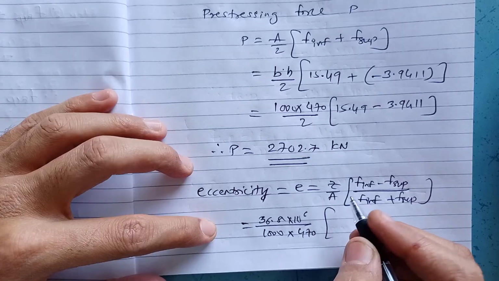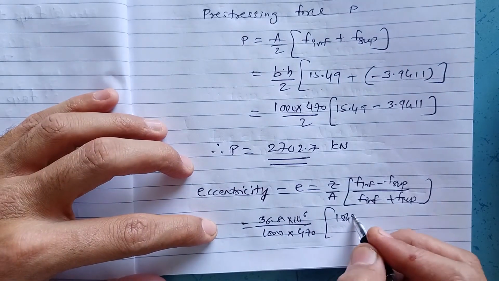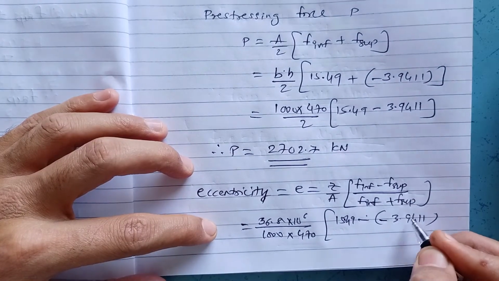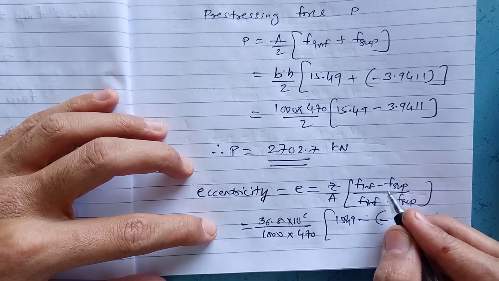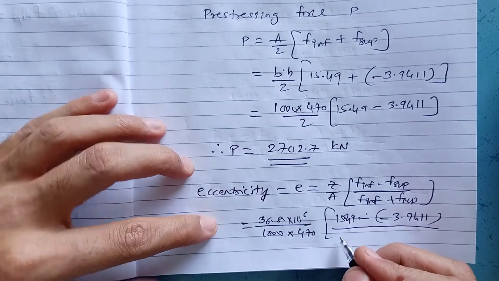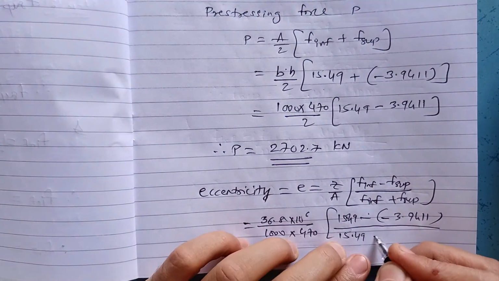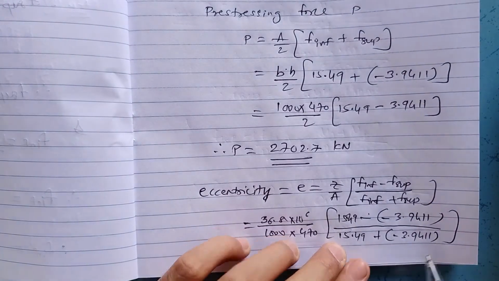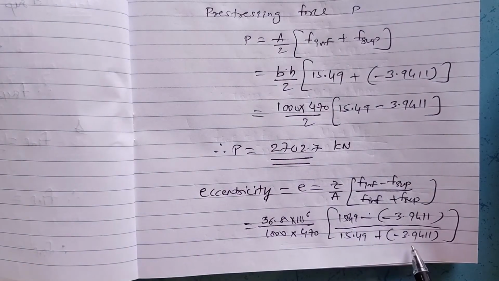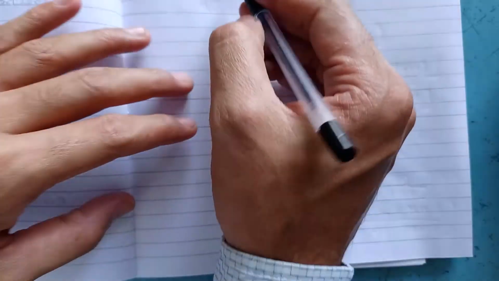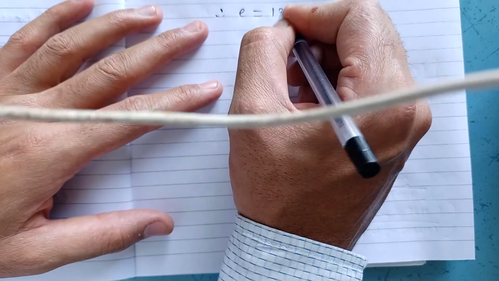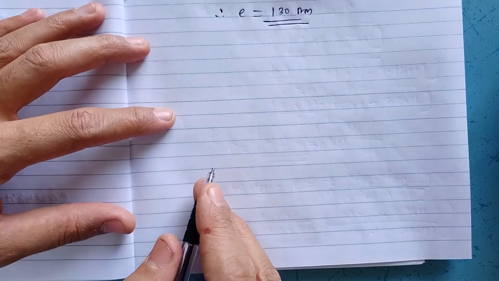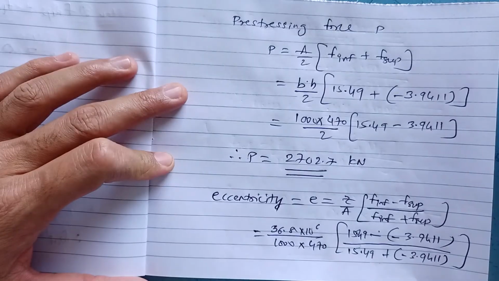F inferior we have calculated as 15.49 minus F superior, which is minus 3.9411. Don't forget to consider this negative sign. F inferior 15.49 plus F superior of minus 3.9411, and this minus will become plus, and this plus minus will become minus. Then on calculation we get eccentricity as 130 mm.